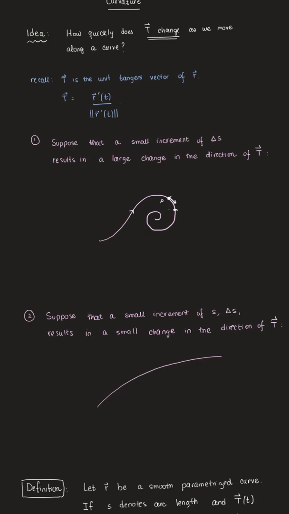If I sketch it, let's say, at point Q, it's going to look like that. If I sketch it over here, it's going to look like that. Over here, it's going to look like that. So you can see that the direction of my unit tangent vector is changing quite quickly.